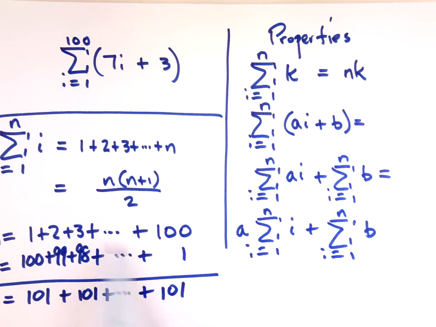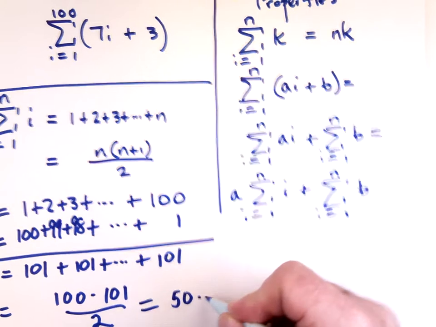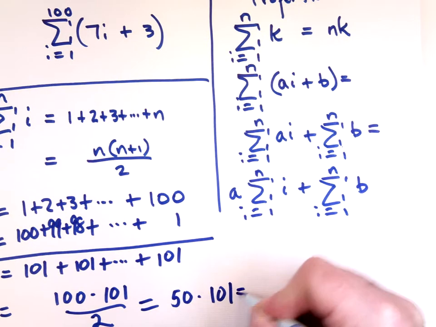We have 100 of them. So S is equal to 100 times 101 divided by 2. And 2 goes into 100 50 times. So you've got 50 times 101. And the answer is 5,050. Okay?